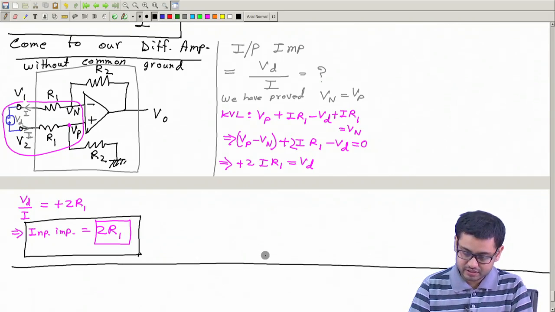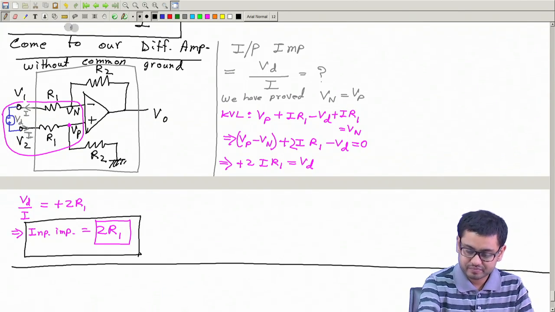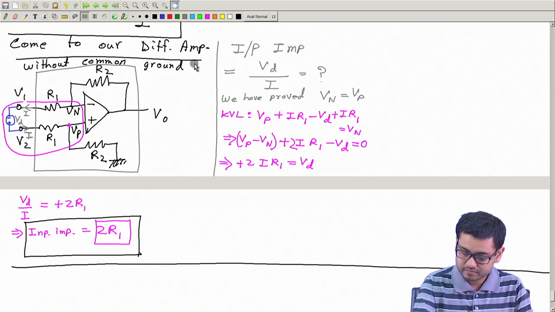Now let's come to the situation where we have inputs connected in a different way. How? Like this.